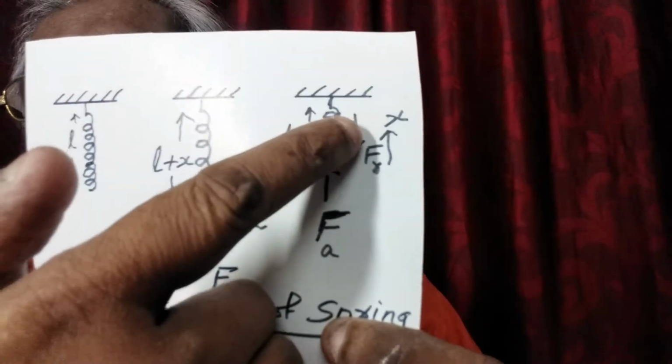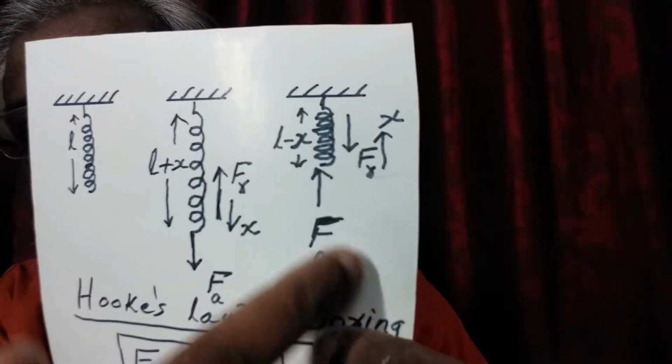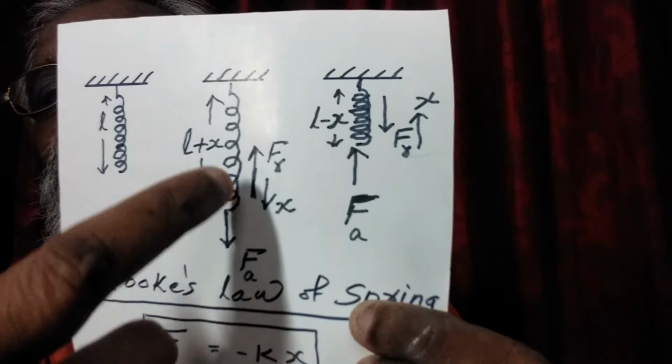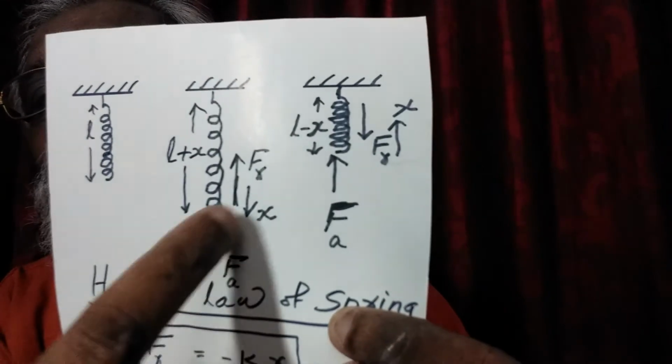So Fr is down, x is up. Here x is down, Fr is up. So here the speciality is the restoring force Fr is always directed opposite to the extension or compression.